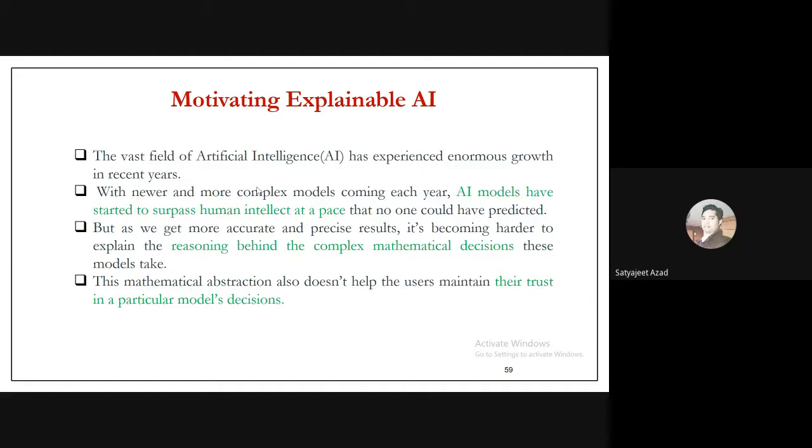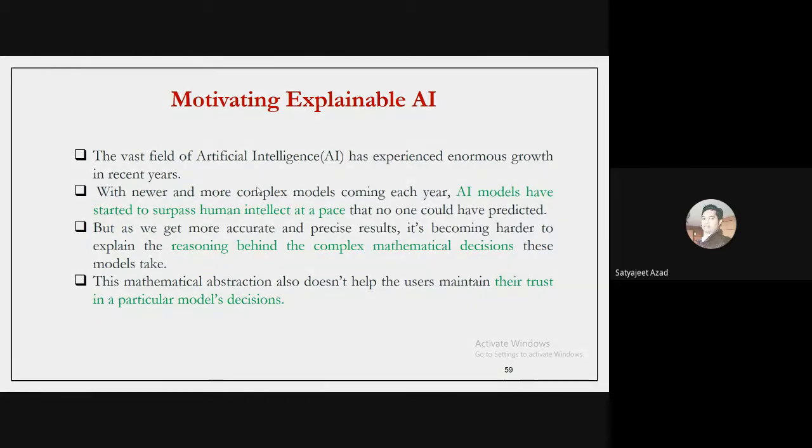If you have to deal with healthcare data or fintech data, a slight error can lead you to take wrong decisions. That is why it's very important that black box methods must be explained to users, so that people have more trust in AI models.